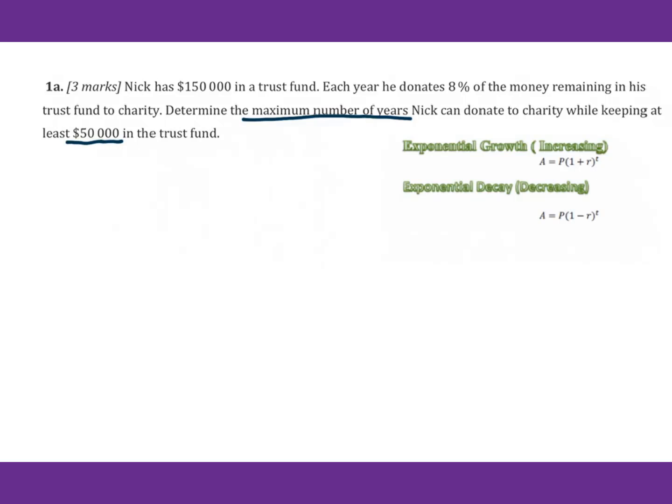First of all, we know this is exponential decay. Therefore, you got to use this formula. Remember, for this R equals 0.08. Change percent into decimal form. So you will have A equals P times 1 minus R to the tth power.